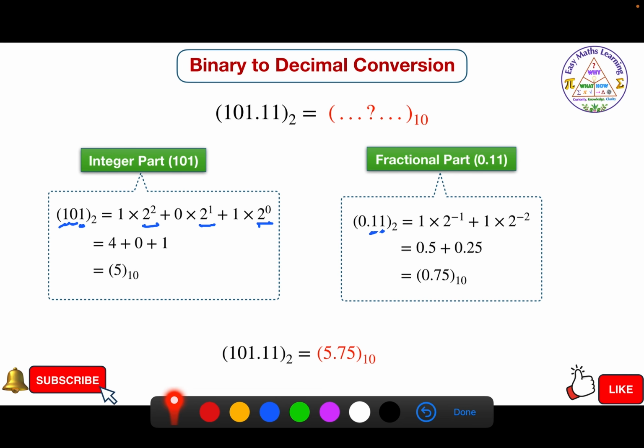So binary to decimal conversion is very simple. Simply what we do, we multiply each bit with its weight and then add. Okay, so for integer part we use positive powers of 2, means starting with 0, 2 raised to the power 0, 2 raised to the power 1, 2 raised to the power 2, 2 raised to the power 3, and for fractional part we use negative powers of 2 for weights of bit.